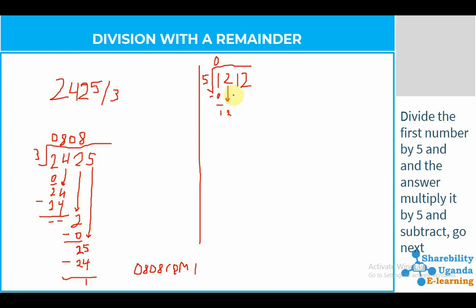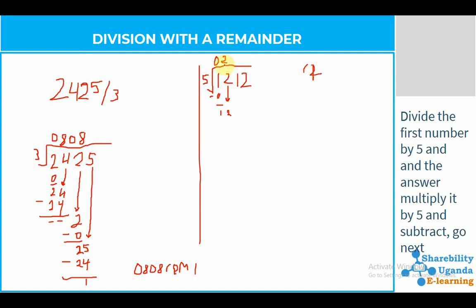So when you say 12 divided by 5, we get 2 remainder 2.